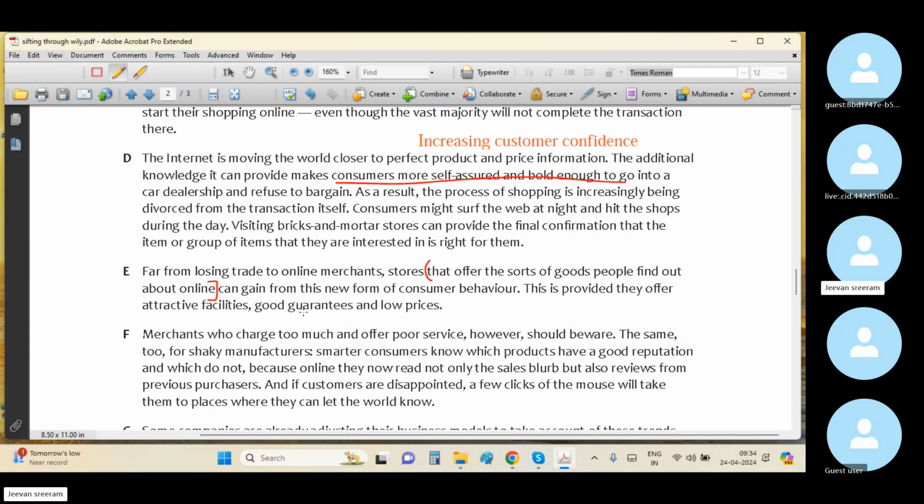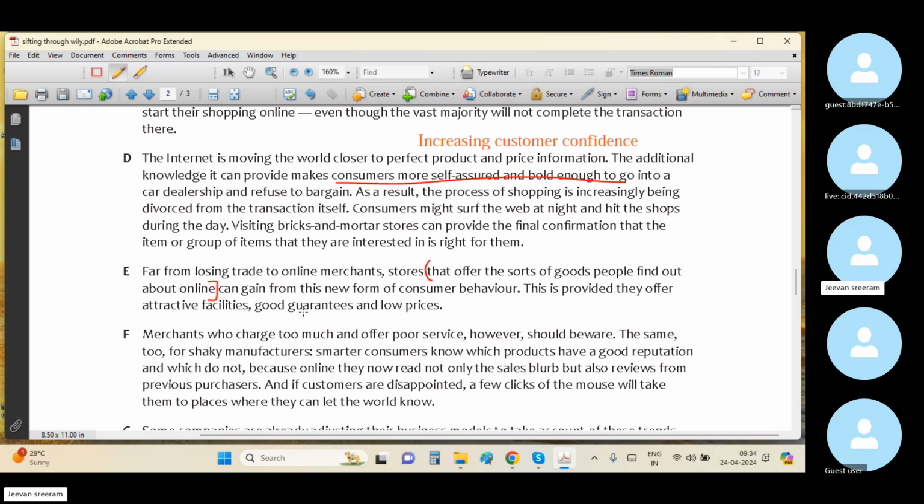Okay, so if the offline stores are able to sell what people are actually searching online to purchase, the similar goods are available even in stores, and the people are going to buy them. So not only online stores but also offline stores can get benefited.